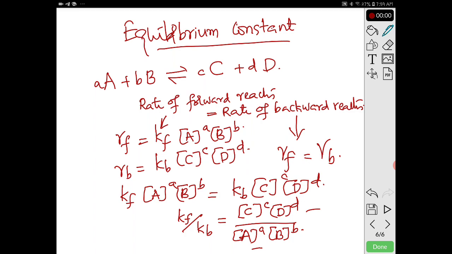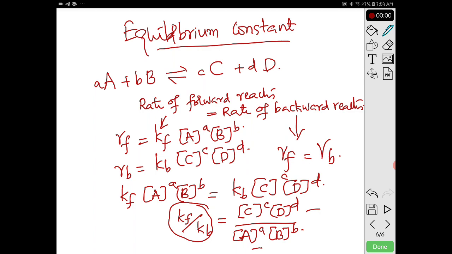If it is quite small, it is very slow. So if the rate of forward reaction is very fast and the rate of backward reaction is very slow, then this parameter will be very high, a large value. We'll not go into that direction now.